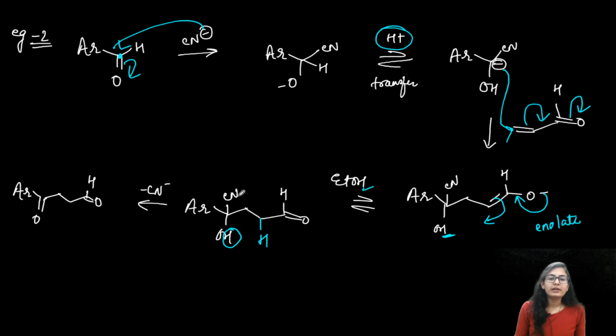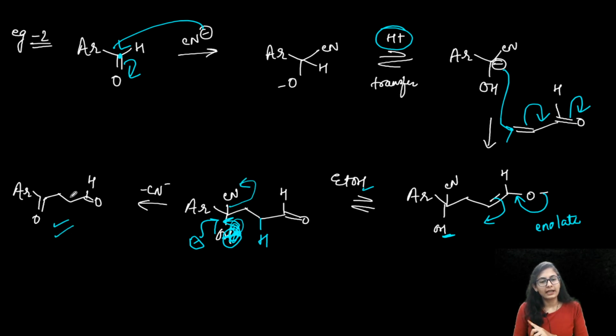All right, and what do we have now? This O minus or the OH is going to again lose a proton. Let's say we have an O minus over here, because that would make it very easy to remove the cyanide once again, and then you get the 1,4 dicarbonyl compound. So the only difference is that you get 1, 2, 3, 4, a 1,4 dicarbonyl compound.